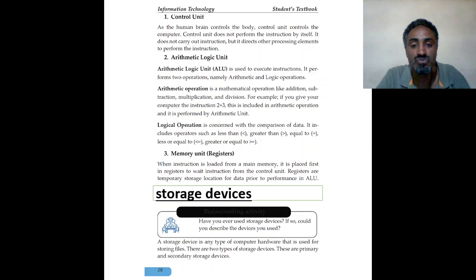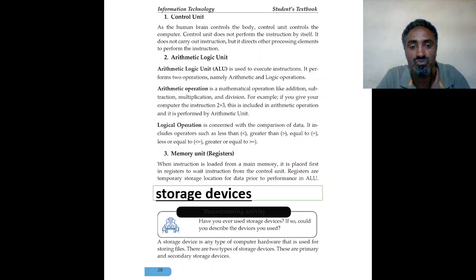Under the central processing unit, we also have another memory, the register. It waits for the instruction from the control unit. When the control unit accepts input from the input device and passes it to the arithmetic logic unit, before going there it is temporarily placed in the register or memory unit.